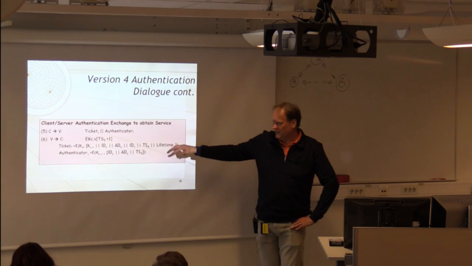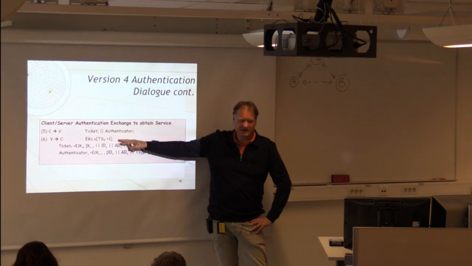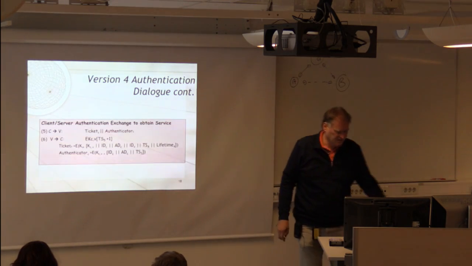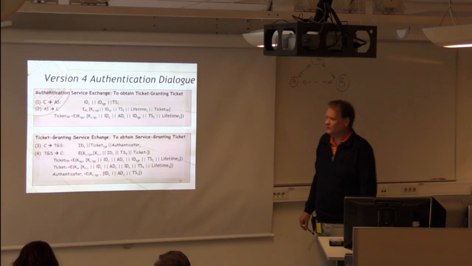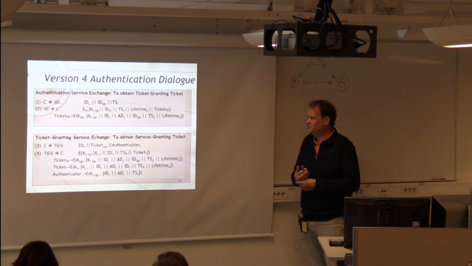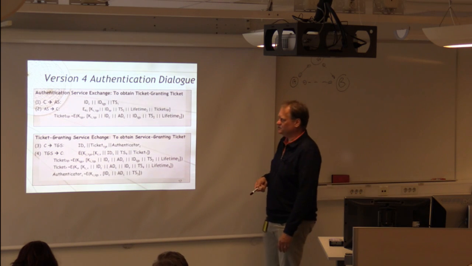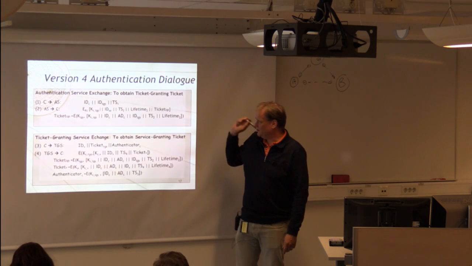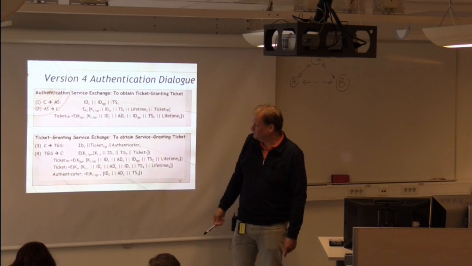But now we also have a return here so that the client can validate the server as well. As you see, we have to add more information in the exchanges. So we have more timestamps, and we have something called an authenticator.